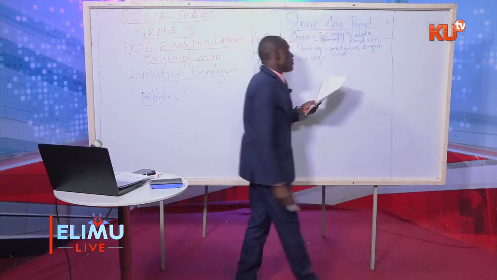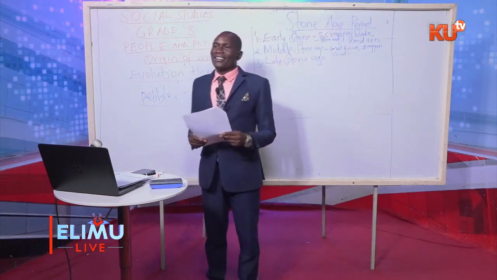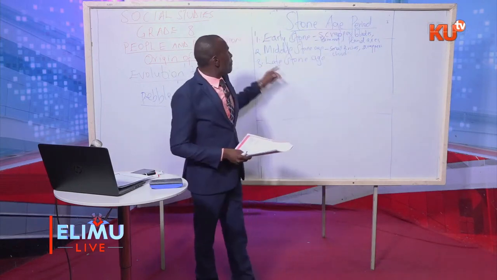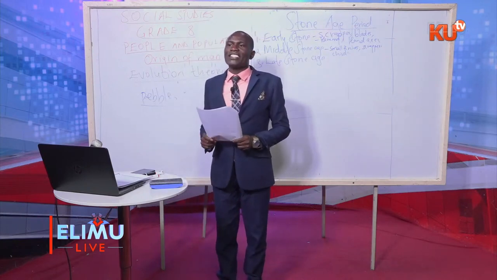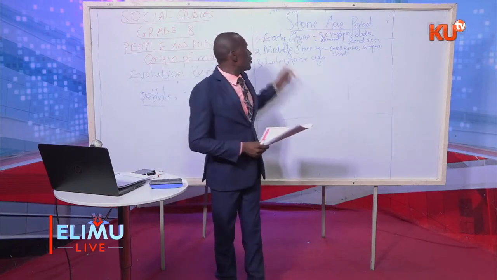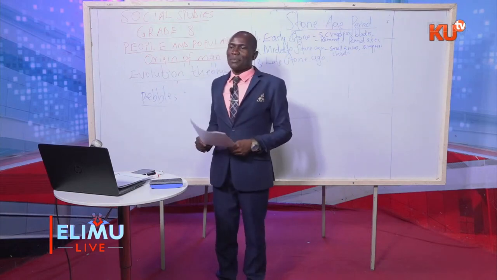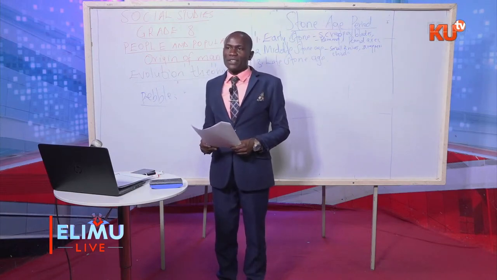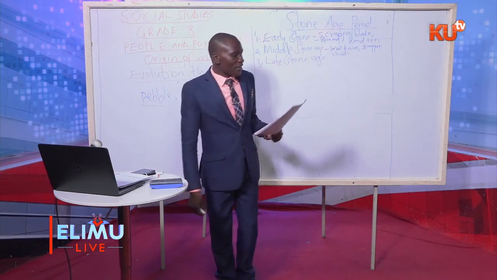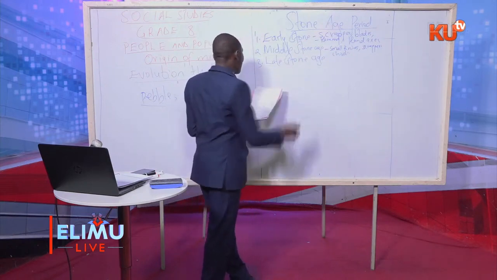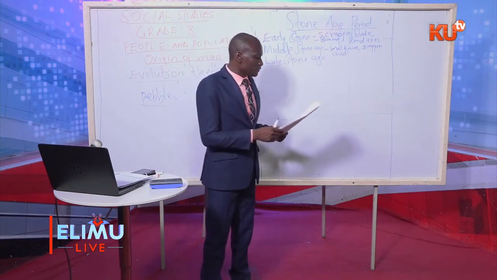And we have chisels. Now, your quiz: which human creature belongs to the Middle Stone Age period? Use the number that we have on the screen to give us your correct response.